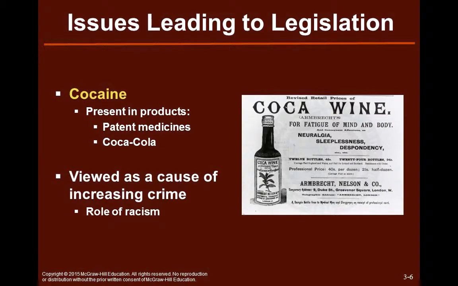So if you think back again to race relations here in the United States in the 1800s, we couldn't outlaw being African American. We'd taken care of that one during the Civil War. We couldn't outlaw the actual presence of the people in society, so what we ended up outlawing was a behavior that was associated with this population. So we see laws against the use and manufacturing of cocaine starting to become prevalent during this time period.